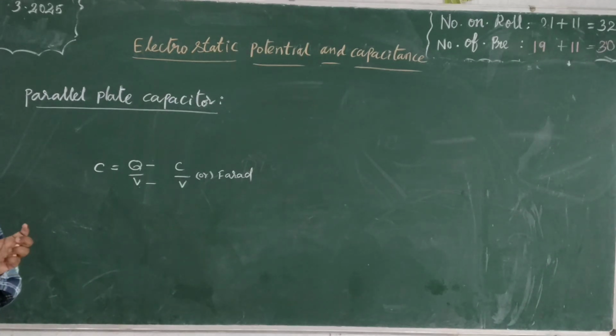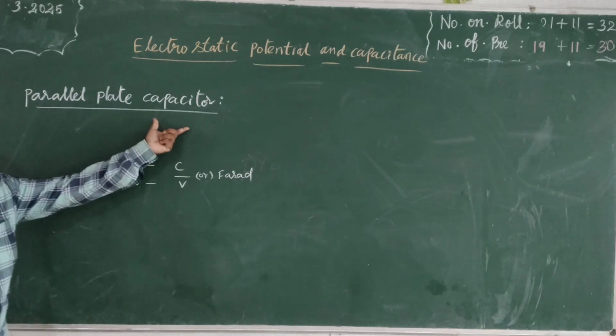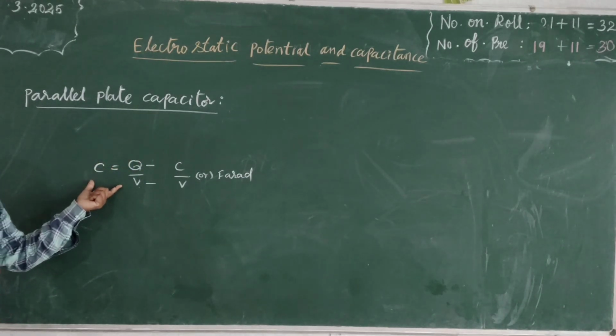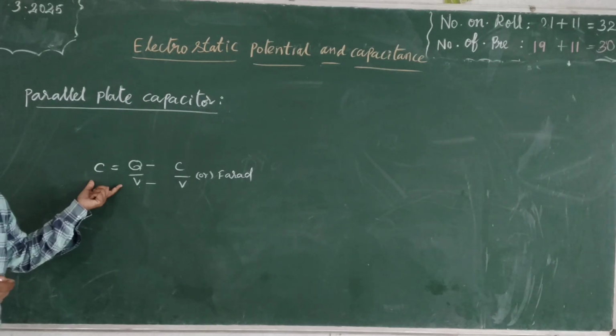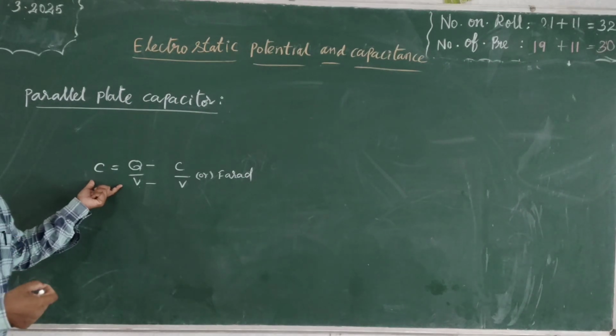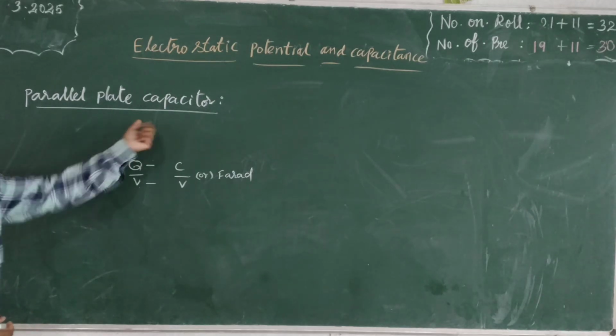Then it will overcome the static friction at starting and start the device. So for that purpose we use a capacitor. A capacitor is the device which stores a large amount of energy and gives it suddenly at once. That is why we call it a capacitor.